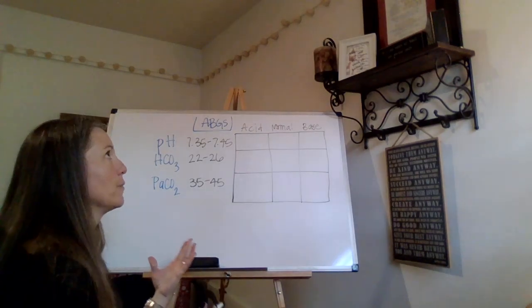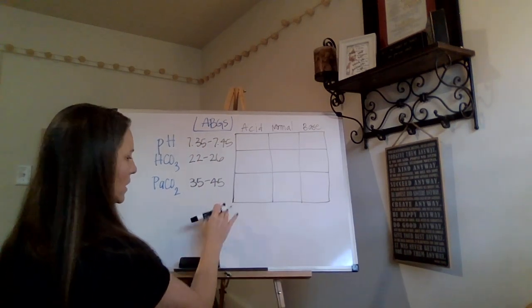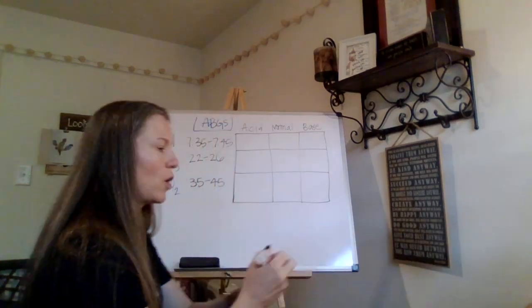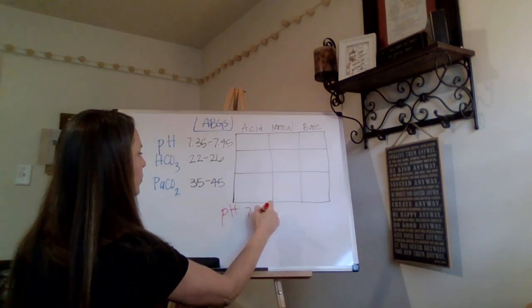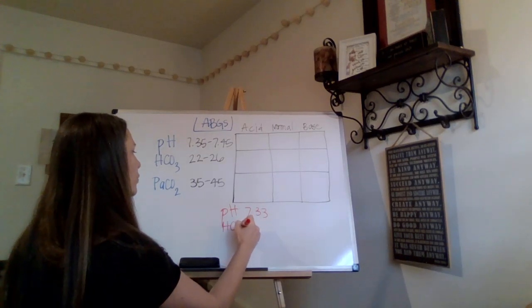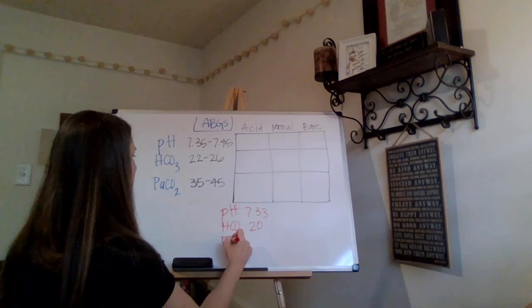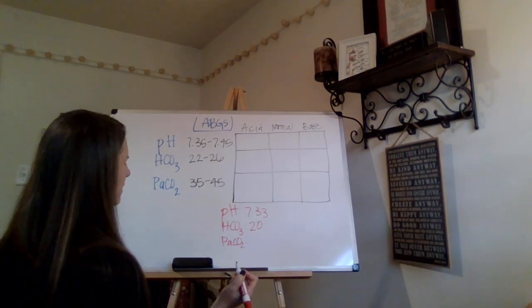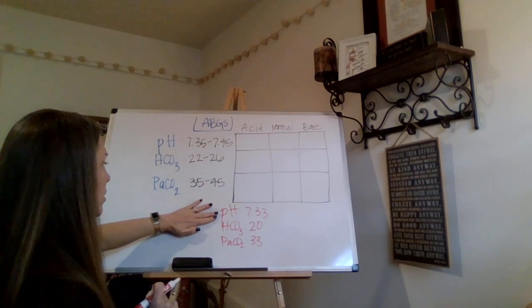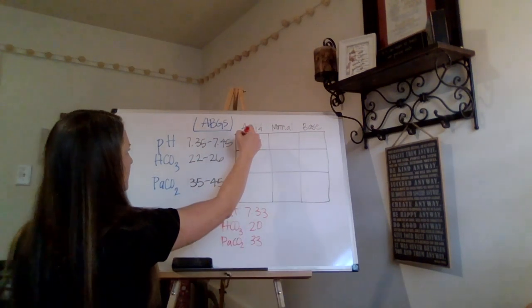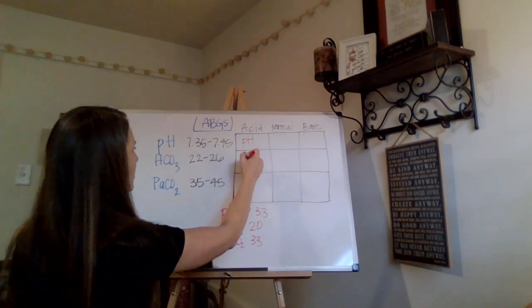So if I get, for example, a pH result that is 7.33, an HCO3 that is 20, and a PaCO2 that is 33, I'm going to look at that and say, okay, pH is going to be acidic, and my HCO3 is going to be acidic.